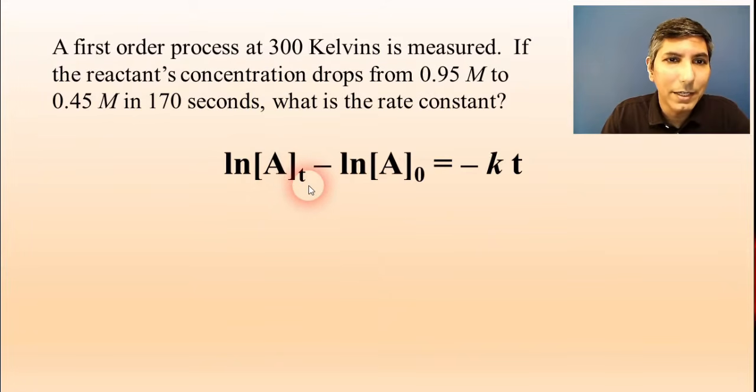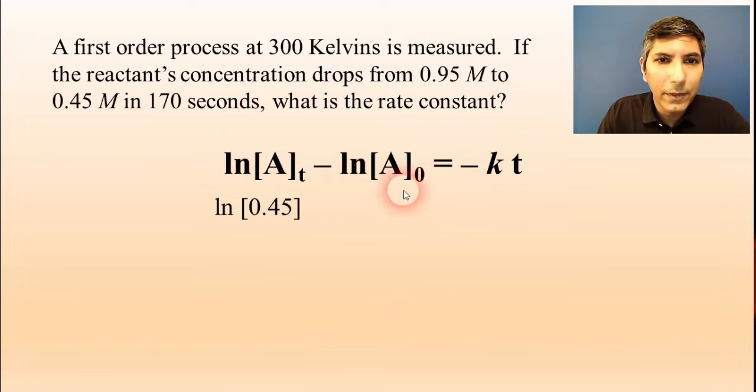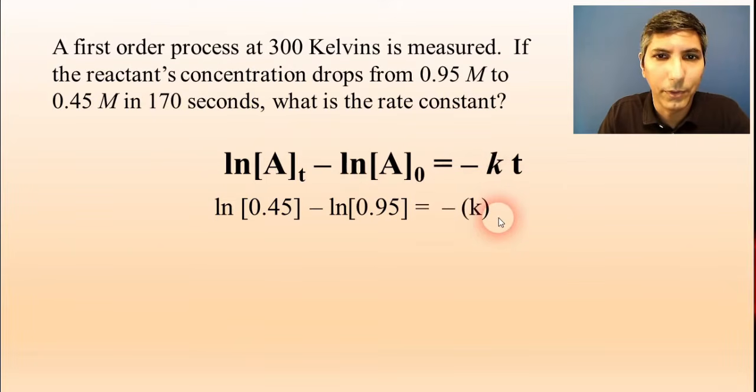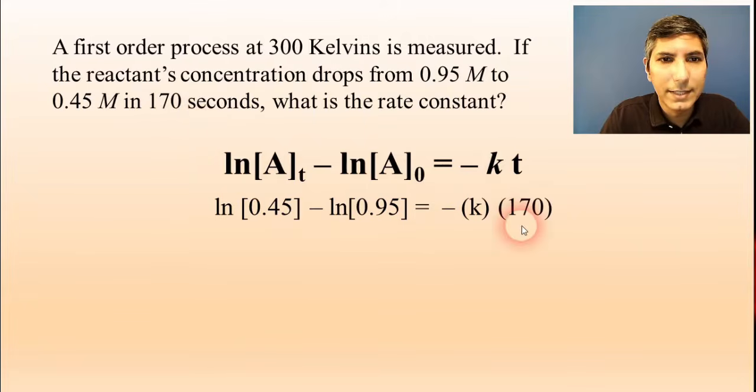So A sub t, that's the ending concentration, so that's 0.45. We'll plug that in. And then the A sub 0 is my starting concentration, so that's 0.95. And the K is what we're solving for this time, so that's my unknown. The time is 170 seconds.